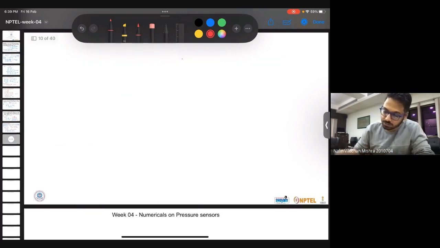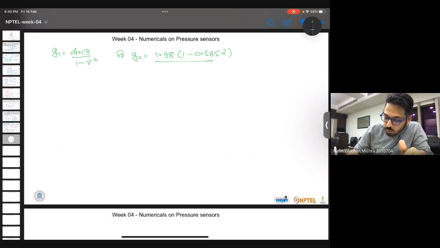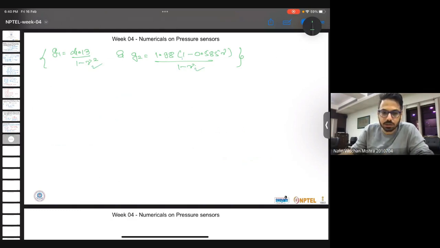Here the value of G1 can be written as 4.13 by 1 minus nu square, and value of G2 is 1.98 times 1 minus 0.585 nu by 1 minus nu. Generally, the values of G1 and G2 are material dependent and always given in the question, or the value of Poisson's ratio is given so that you can calculate it.